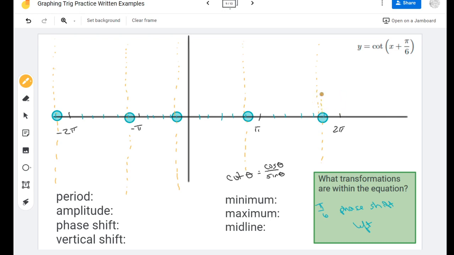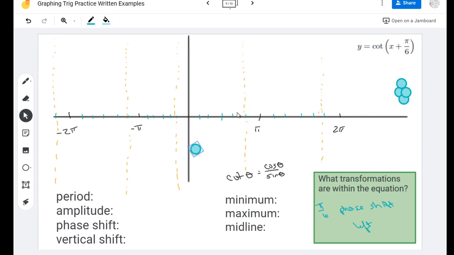So now what we need to do is go ahead and plot our zeros of our function. So I'm going to move my anchor points back so that I can use them again to talk about my zeros. So between each asymptote, halfway between, we're going to have a 0.